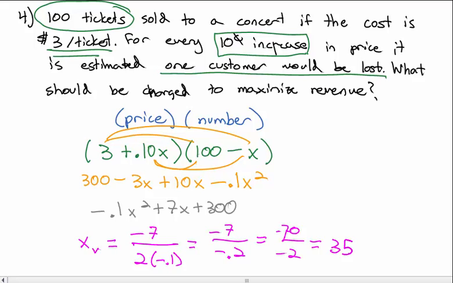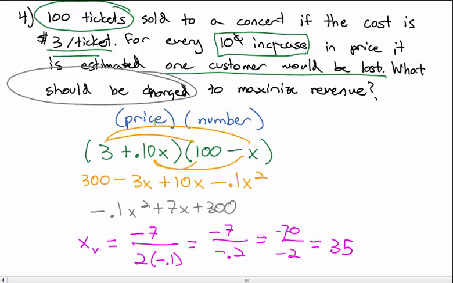What I want to be careful here, though, is 35 is the number of increments that we determined were appropriate to maximize our revenue. The question is asking what should be charged.